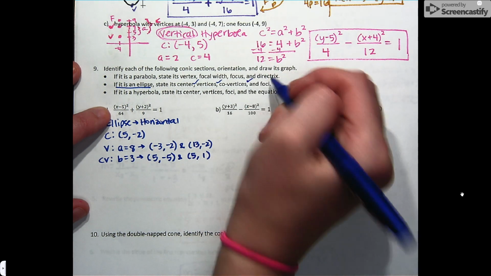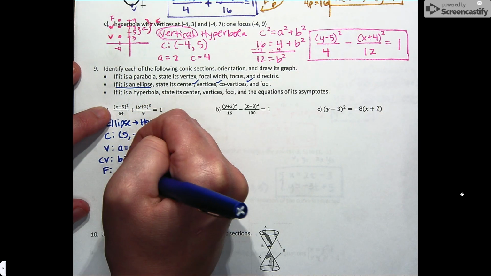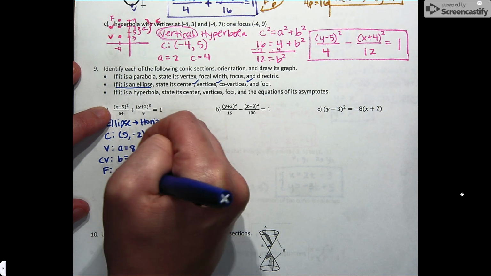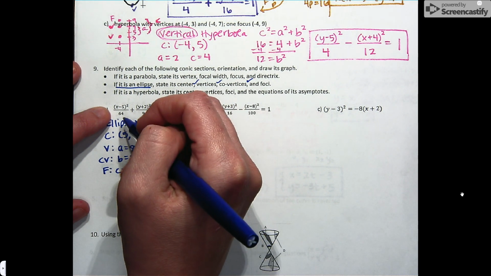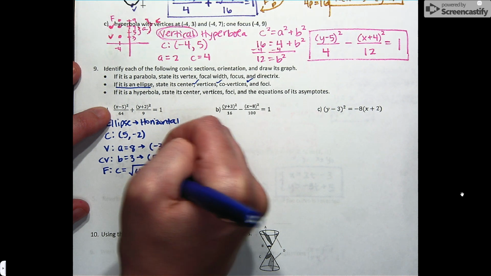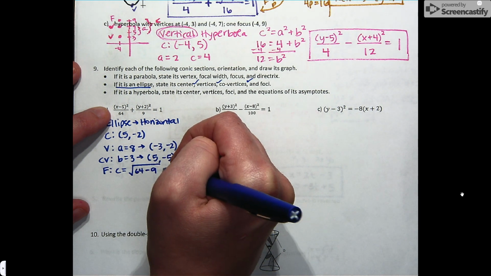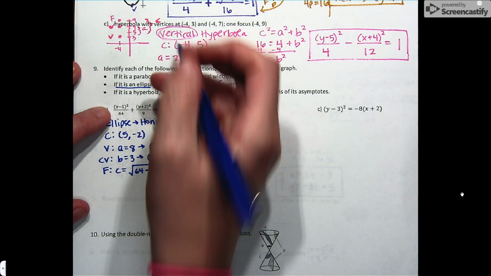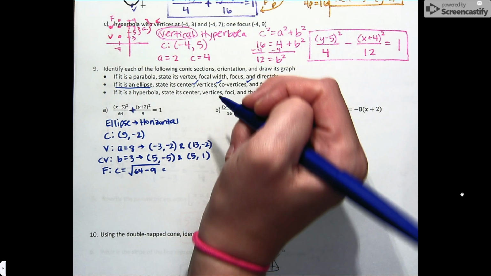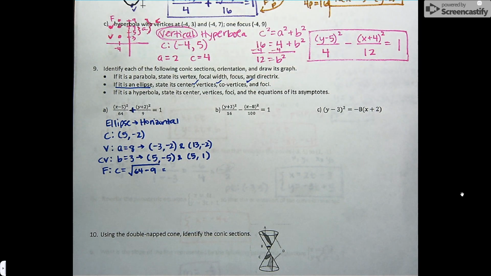And then the last thing they want us to identify, but I won't graph, are my foci. Remember the foci are the square root of your a squared, which is 64, minus b squared. Okay, you always do the opposite of the parent function sign in order to find your foci. So 64 minus 9 is how I get to 55.